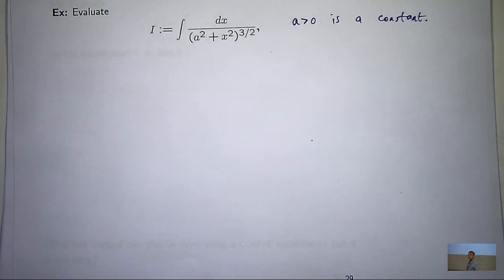All right. So we have an integral involving a squared plus x squared cubed with a square root sign in it. So we're going to let x equal a tan theta.